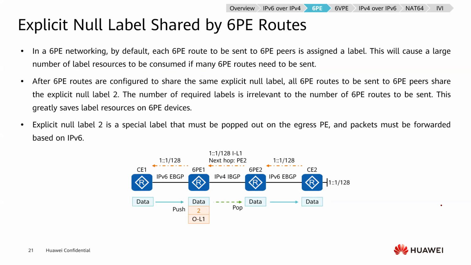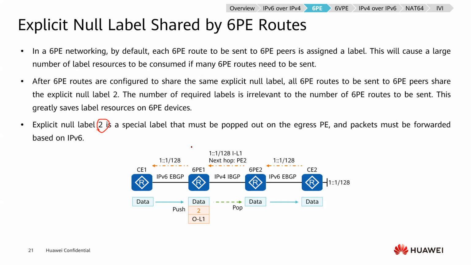And there is a special label. It's the explicit null label used by the 6PE, and the value is 2, because you can find that for each route, the MP-BGP will assign an inner label for different routes. That means if you have a lot of routes, you will use a lot of inner labels, right?